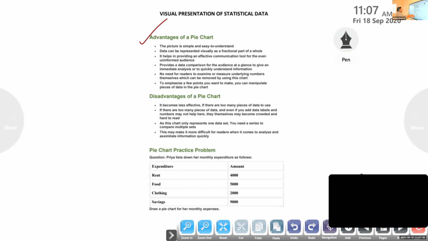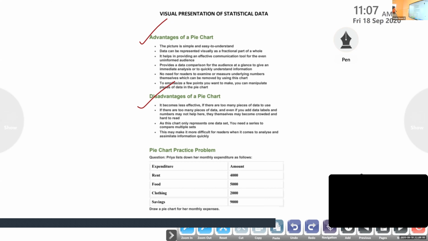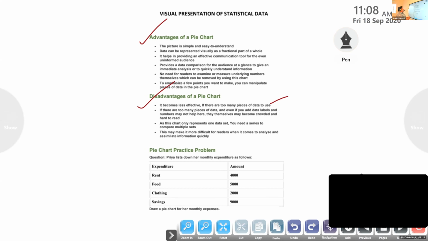At the same time, disadvantages are also there for a pie chart. What are they? It becomes less effective if there are too many pieces of data to use. So too many pieces or too many slices, too much information in a single set of data, makes it difficult to convey the message through a pie chart, because it will become very clumsy and hard to understand.